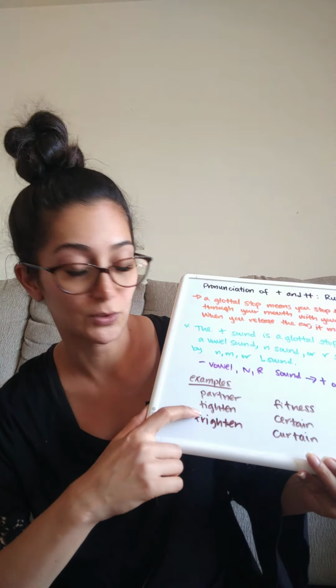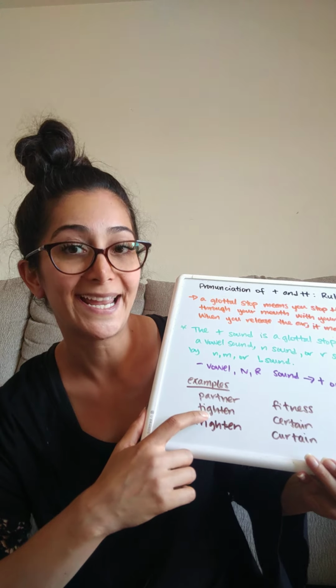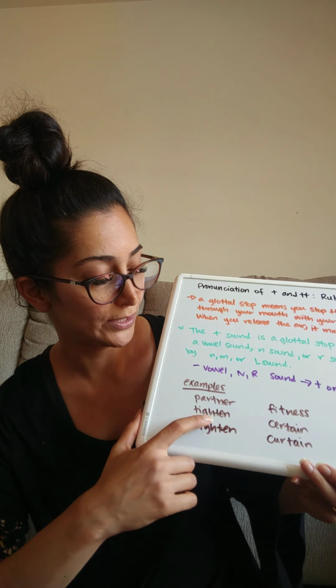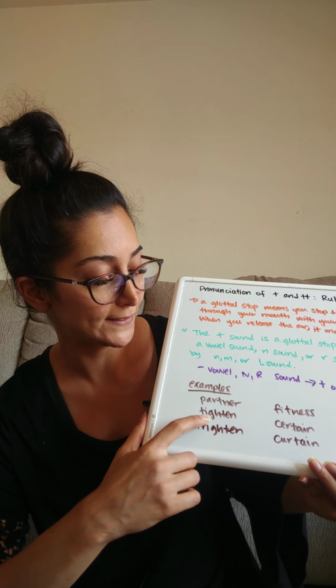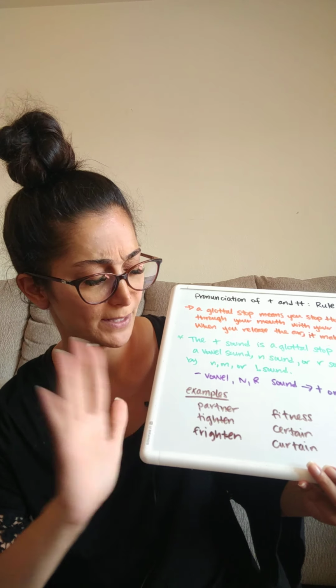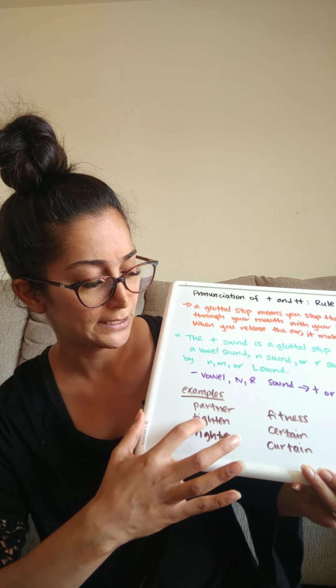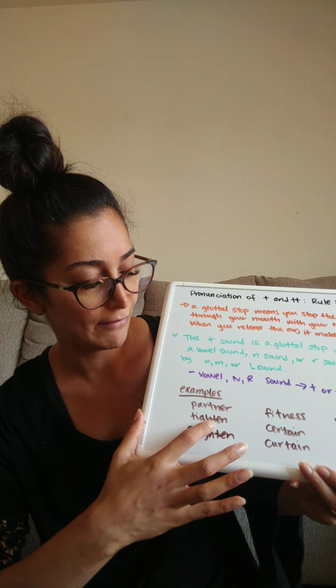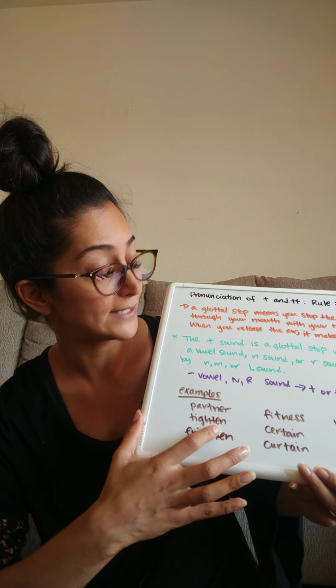Same thing is happening in this word. Tighten, tighten. Okay? So the sound before is a vowel sound. Tie, right? Forget about the spelling. We're talking about the sound. Tight, and then we have T, and then another vowel sound.